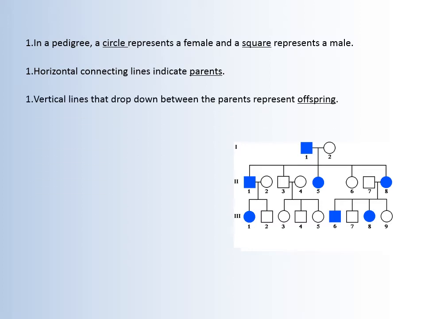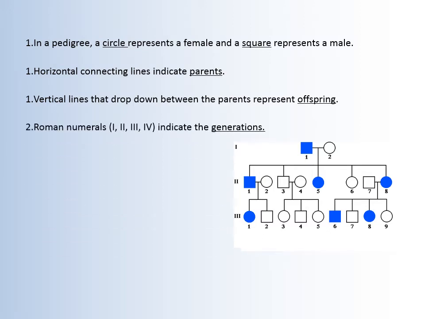Vertical lines that drop down from those horizontal lines represent the offspring. So in this picture here, number 1 and 2 would be the parents. The offspring would be number 1, number 3, number 5, and number 8.